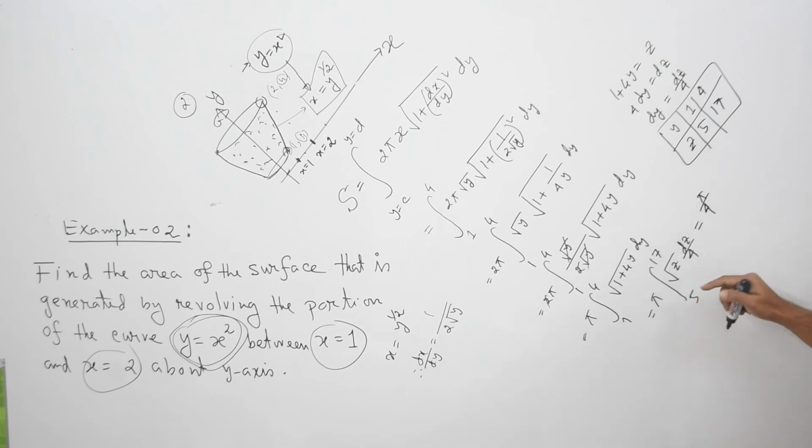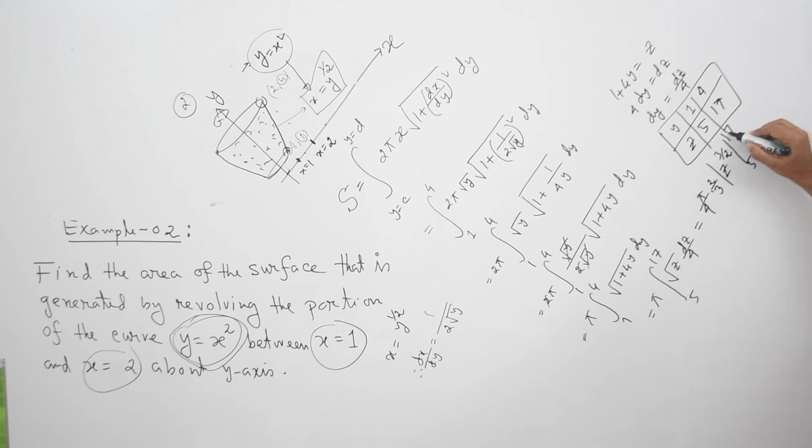You see, the integration of root z is z to the power 3 by 2 by 3 by 2. So we can write 2 by 3 here, 5 to 17, and this equals pi by 6. If you put the upper limit, you will get 17 root 17, and if you put the lower limit 5, you will get 5 root 5.